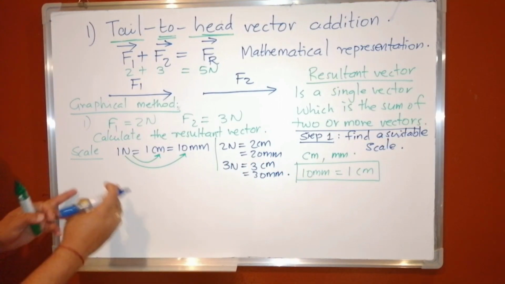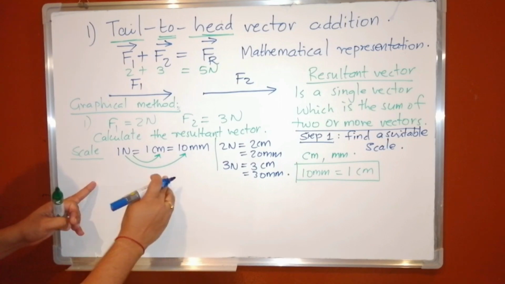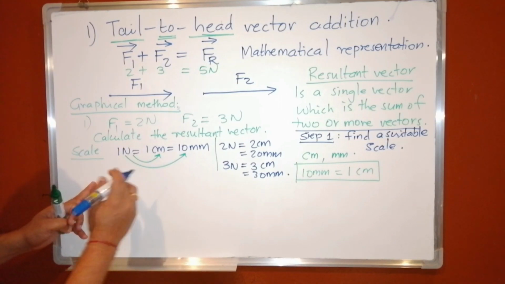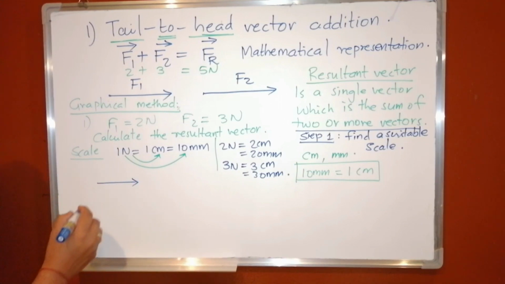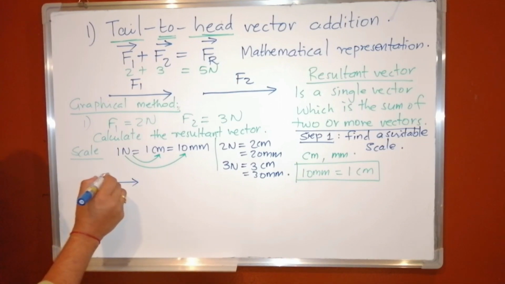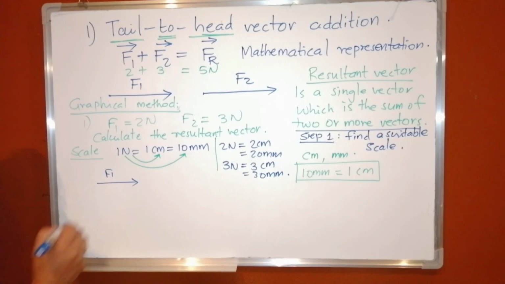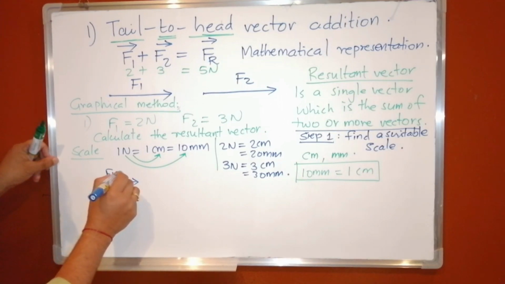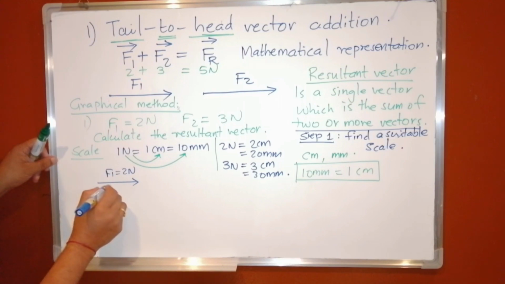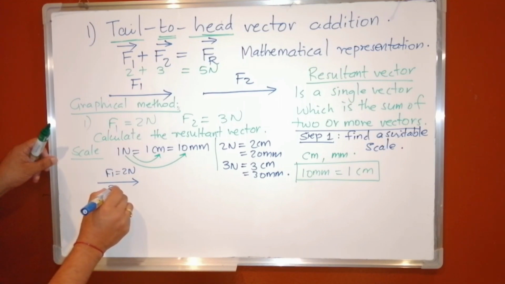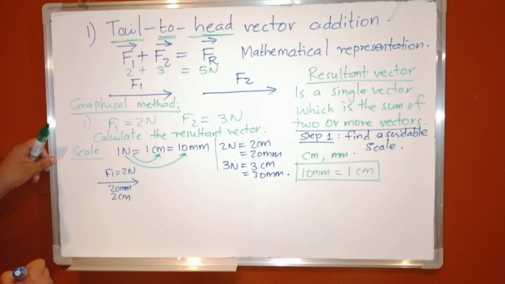Then you take a ruler and measure from 0 to 2 centimeters. We have to write here, this is vector F1, which is actually 2 Newton, but the scale we use here is 20 millimeters or 2 centimeters.